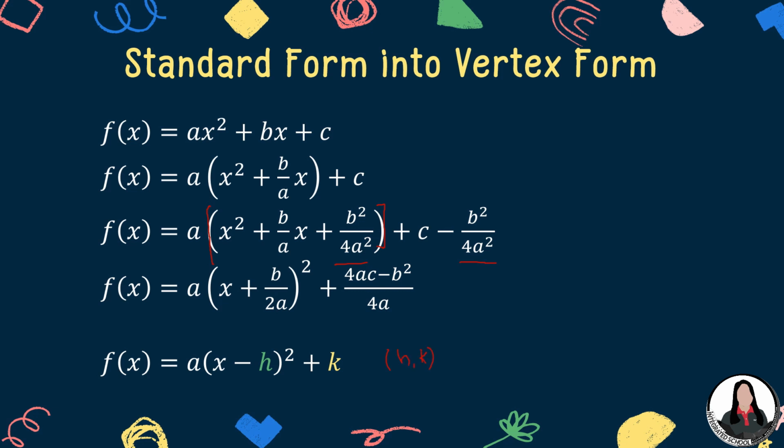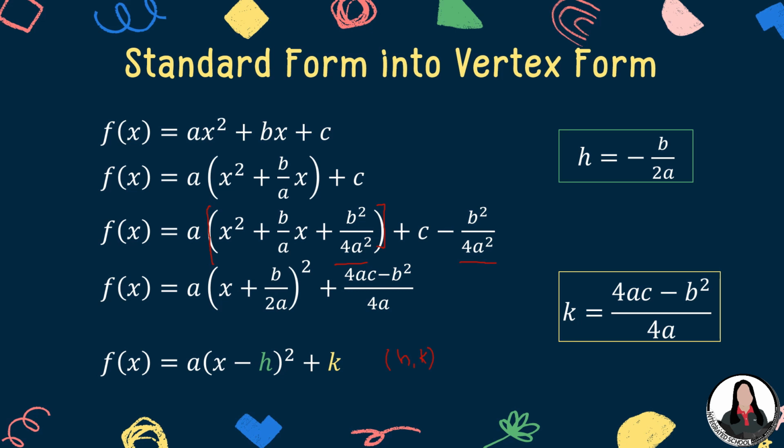So thus changing the standard form into the vertex form such as f of x equals a quantity x minus h quantity squared plus k, wherein h and k are the coordinates of our vertex. So ito yung formula na tatandaan nyo, okay? h equals negative b over 2a and k equals 4ac minus b squared all over 4a.